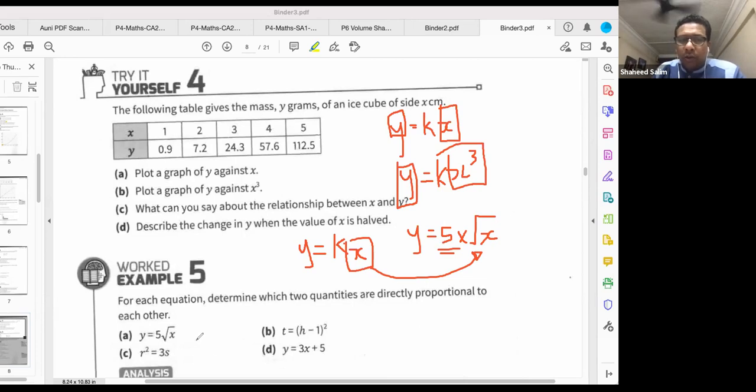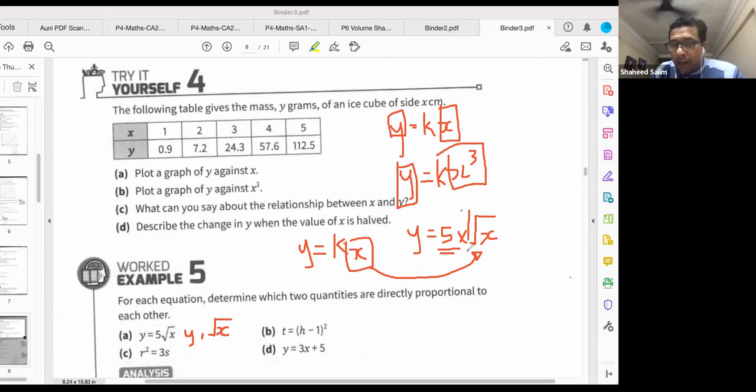So what are the two quantities down here that are directly proportional? Y is directly proportional to what? Square root of x. Okay, it is not directly proportional to x, but is directly proportional to the square root of x. Why? It follows the formula. What? Y equals k times another unknown.